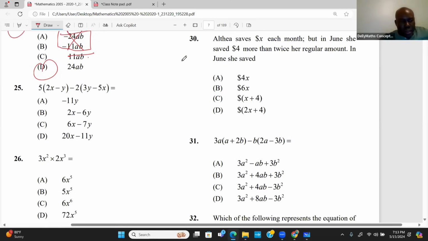All right. Now, work out that one for me. Work out that one. Just work it out quickly. Do your quick distribution and see what you get.